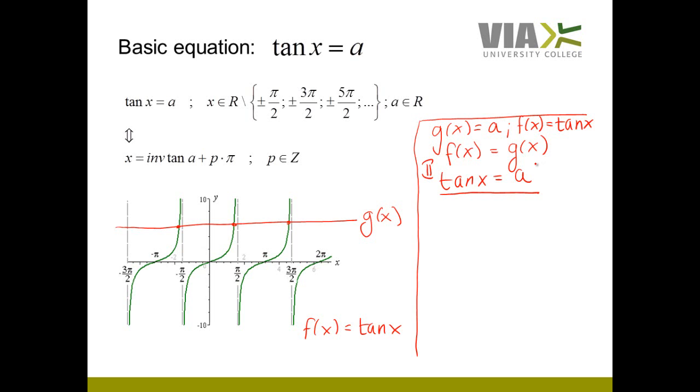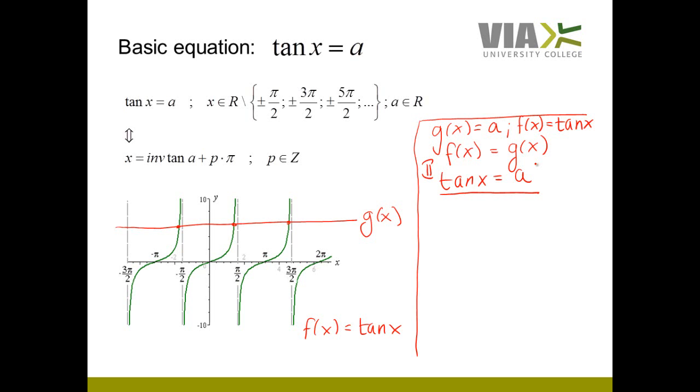When we looked at the basic equations sine x equals a and cosine x equals a, we saw that we had a restriction on the number a if we should have any solution to those two basic equations. We saw that a has to be in between minus 1 and 1. As you can see in the graphs over here, we don't have any restriction on the value of a.